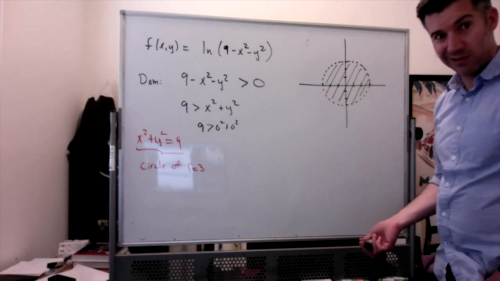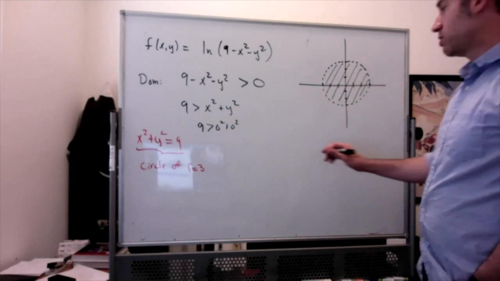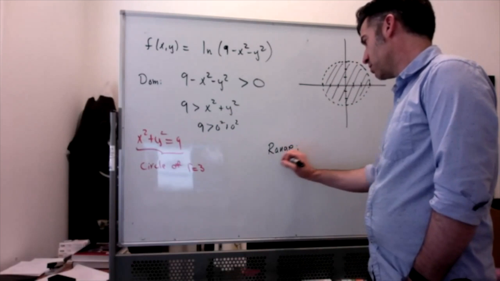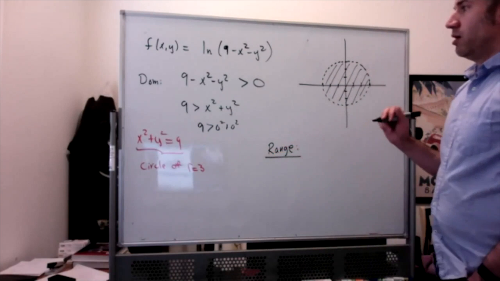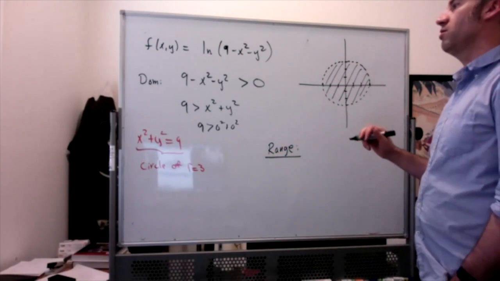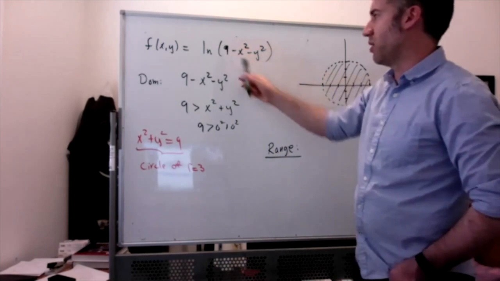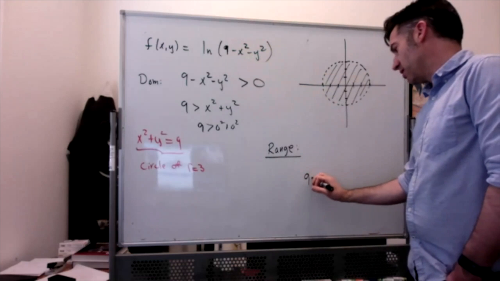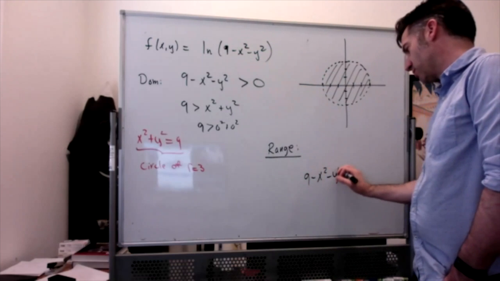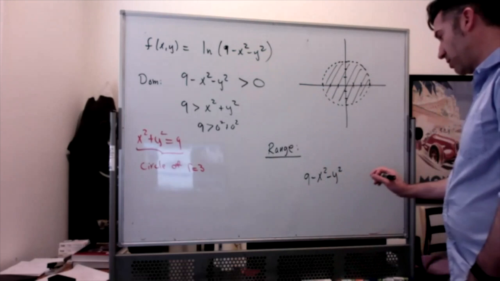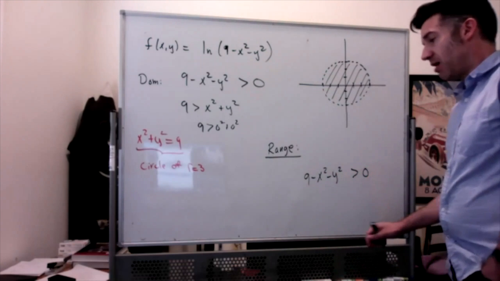How about the range? Good question. So here's how I want it. Basically, I'm thinking about what's going on with this. I know that 9 minus x squared minus y squared has to be greater than 0. That's the domain that we started with. It might help me.